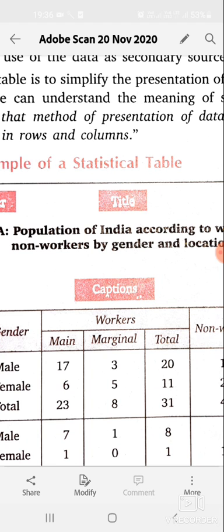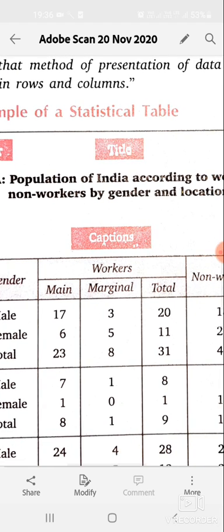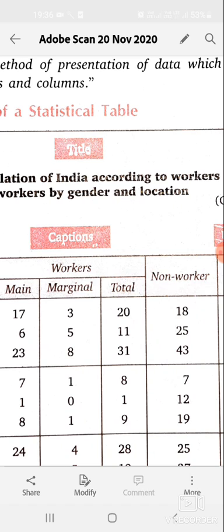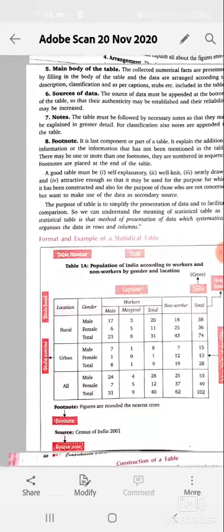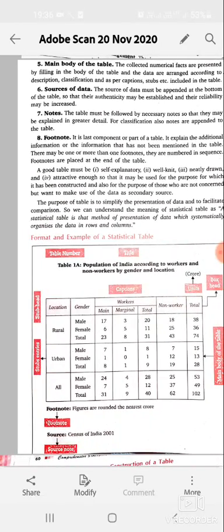Another part is arrangement. The data should be arranged so as to make them clear and attractive. All these are arrangement in the table. Now the main body of the table.